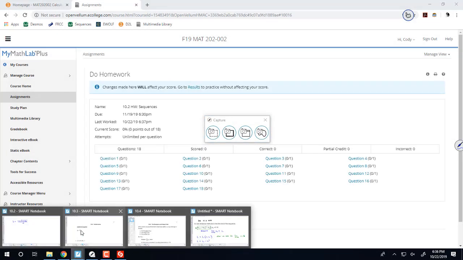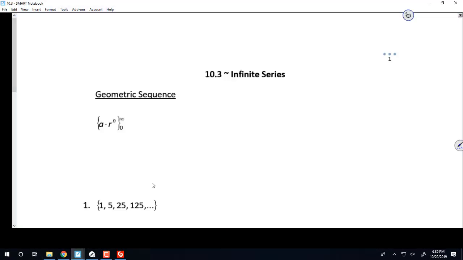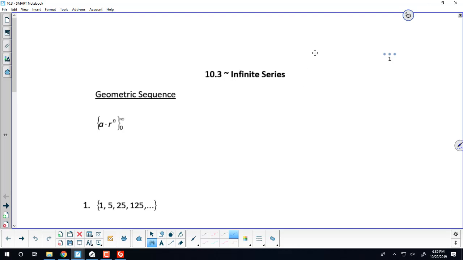In 10.3, we're going to look at a couple of different types of series. The first one we're going to look at is geometric.